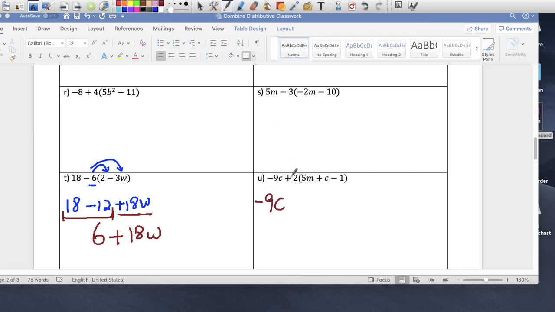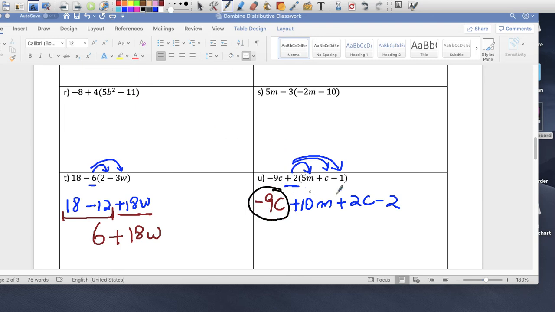Let's combine the rest. So it's positive 2, that's being distributed to the terms inside the parentheses. 2 times 5 is plus 10. 2 times c is 2c, remember? Both are positive. And the last one is 2 times negative 1, which is negative 2. Anything I can combine? Yes, I do.